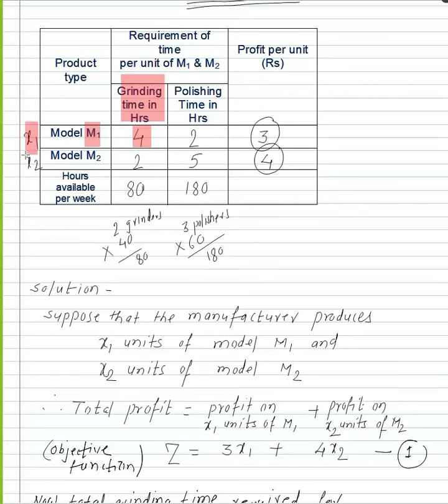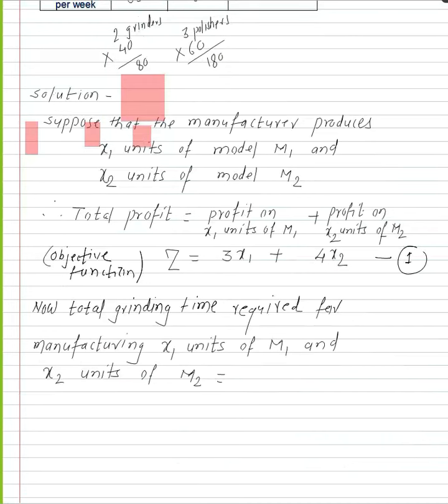So x1 units will require 4 into x1 hours of grinding time.